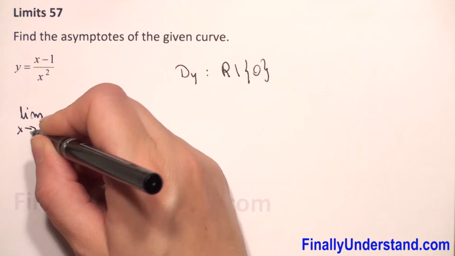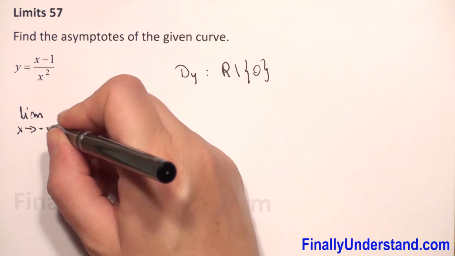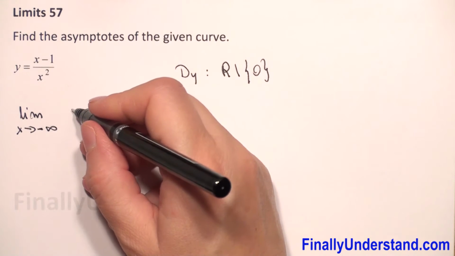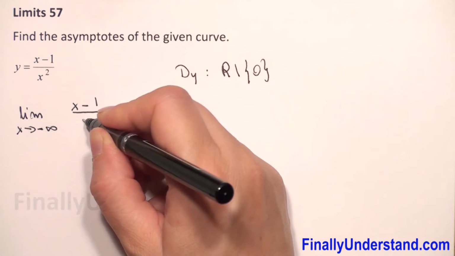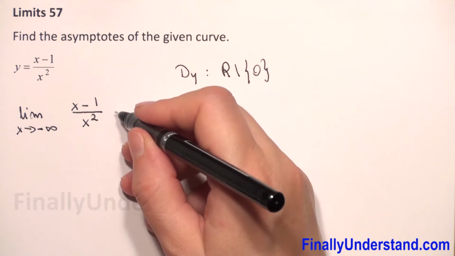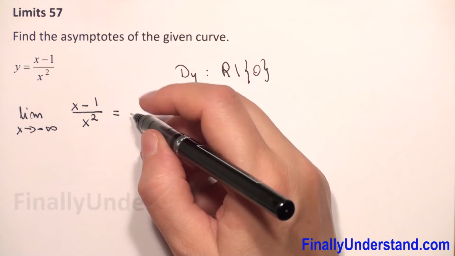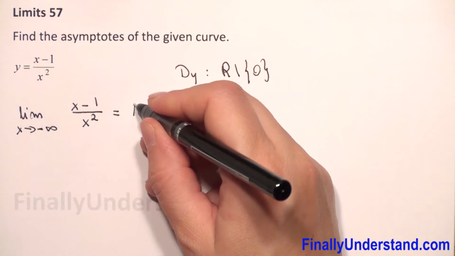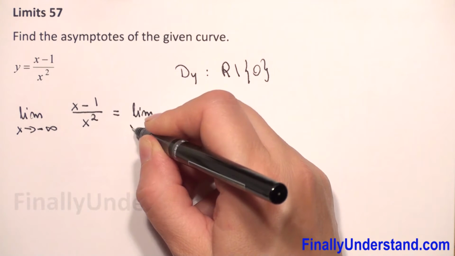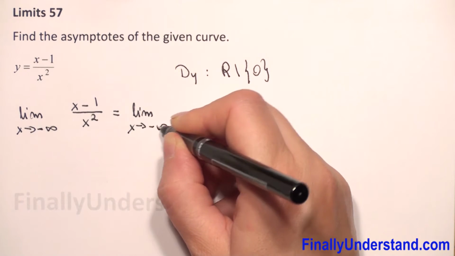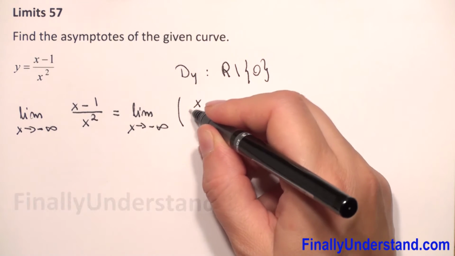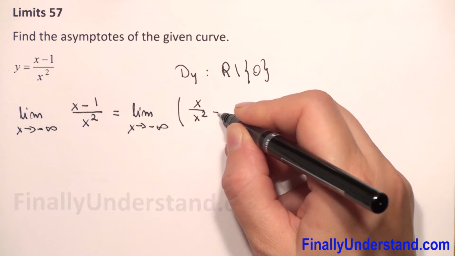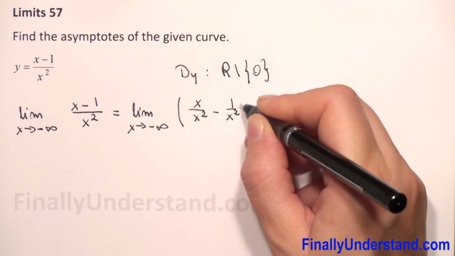as x approaches negative infinity. First, we have (x minus 1) over x squared. We can rewrite our function limit as x approaches negative infinity, and we have x over x squared minus 1 over x squared.